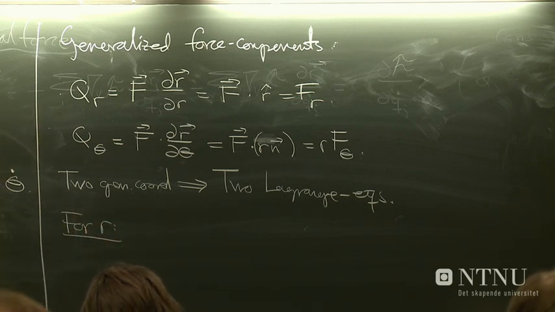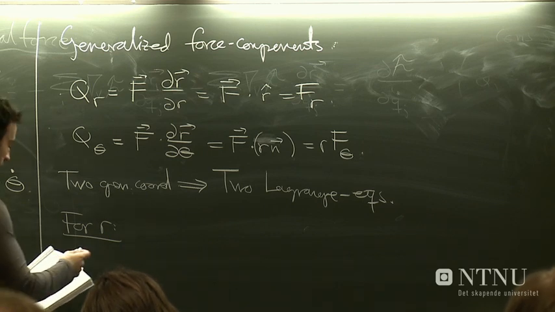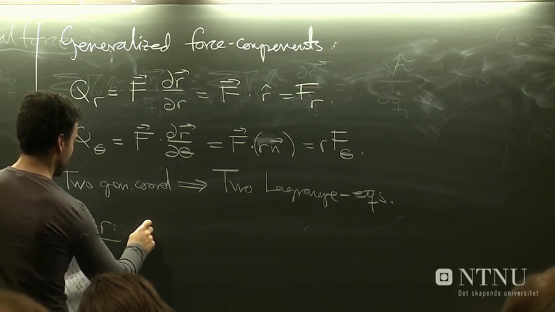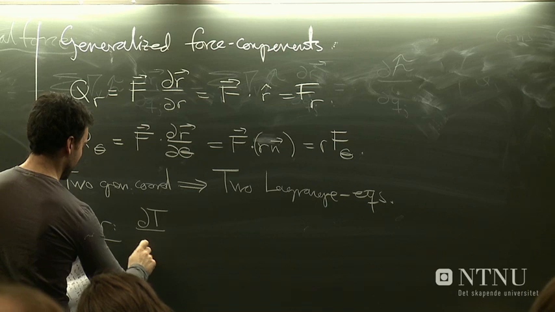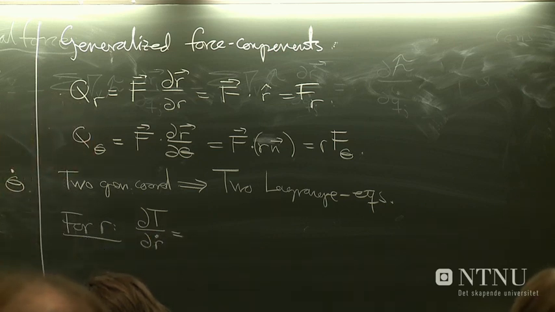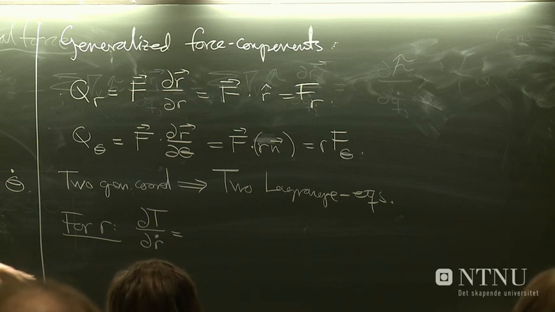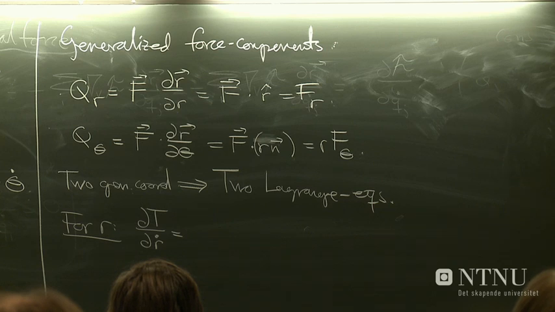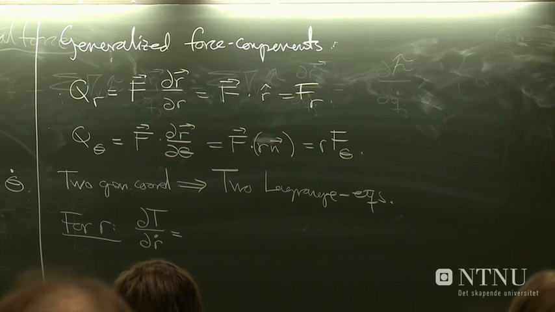So the Lagrange equation for r is then, we consider it just term by term. So first we have to check if the kinetic energy contains any components r dot, if it has any dependence on r dot, and it has.